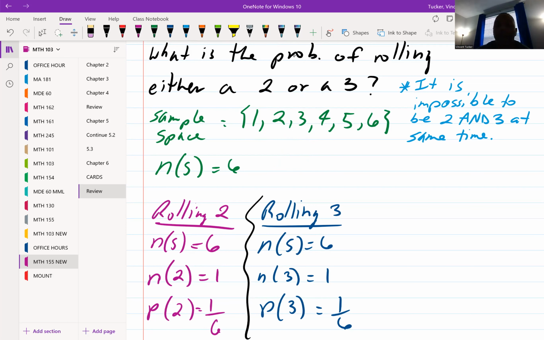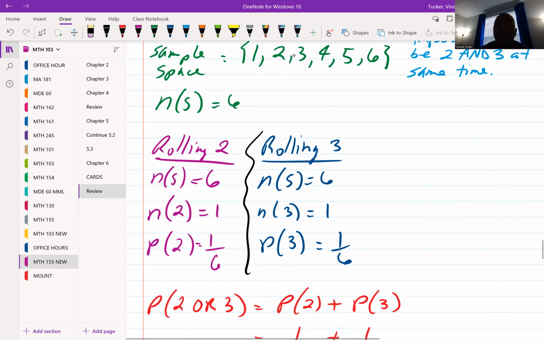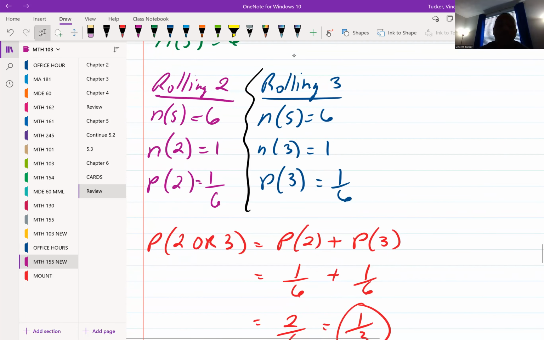All right, questions so far? So we want to know the probability of rolling a 2 or a 3.